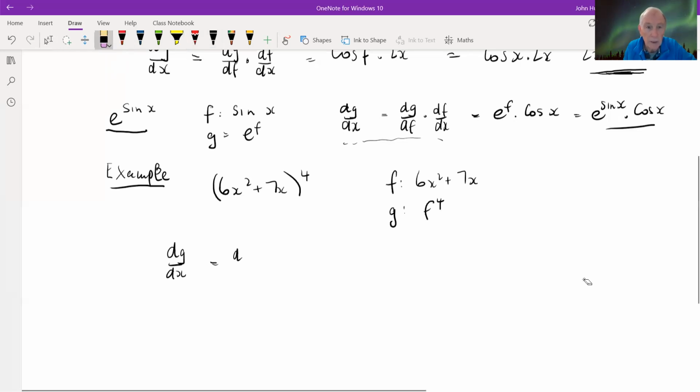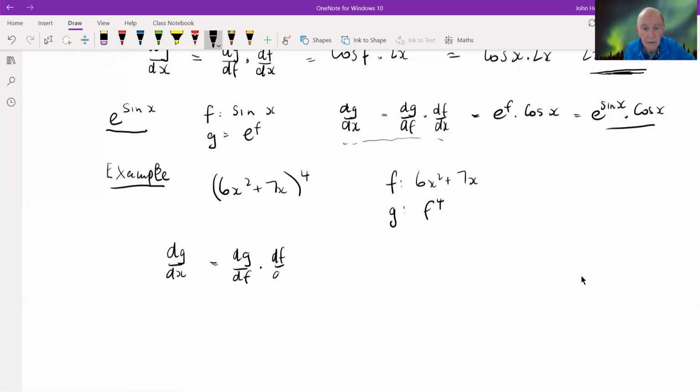So dg/dx equals dg/df times df/dx. So dg/df, well, that's the power rule. That's 4f to the power of 3, and then df/dx is going to be, by the power rule, 12x plus 7.